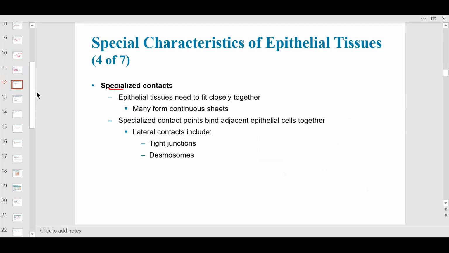So this is the connections between cells, like what holds them together. So the desmosomes are little proteins that connect the epithelial tissue to the basement membrane. Tight junctions are usually between the cells. So tight junctions we need, we don't want leakage. Desmosomes allow for diffusion, filtration, and other movement.